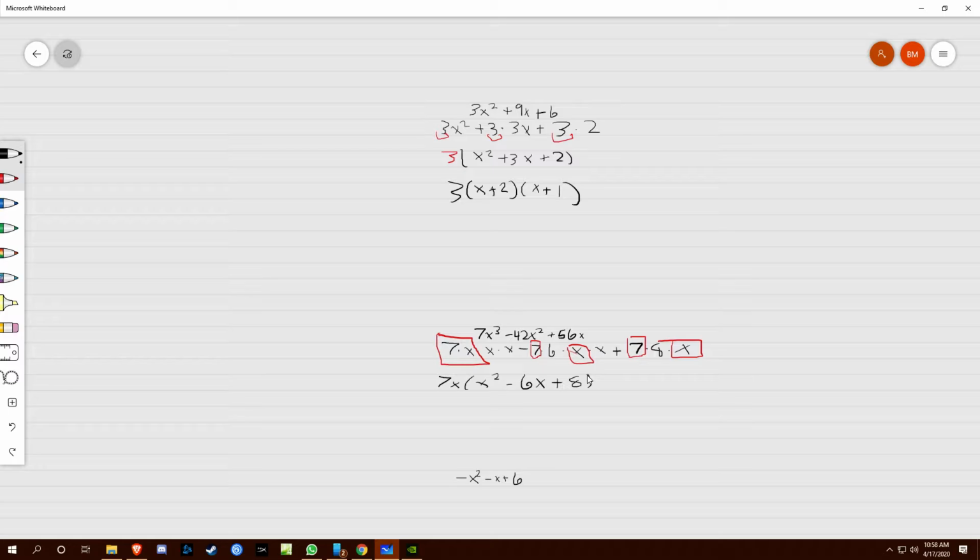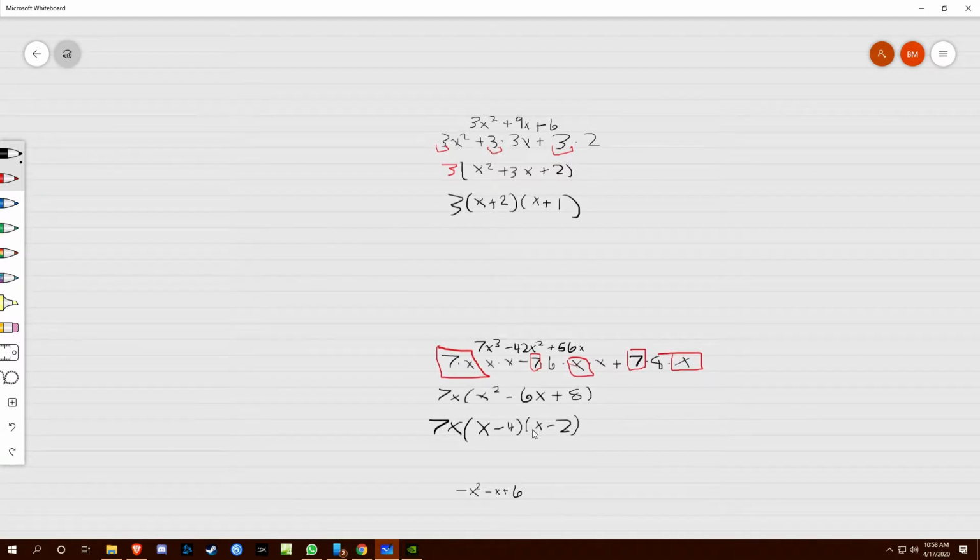And again, this is now a traditional trinomial factoring. So I'll just do it, and those steps are on the previous video that you guys were able to look at. What's this going to be? There we go.